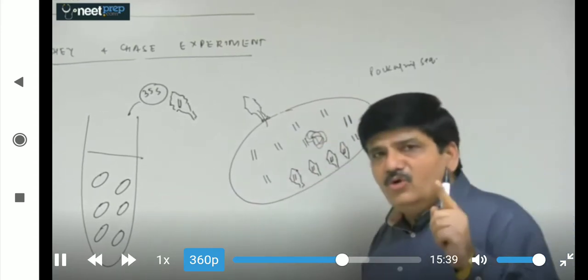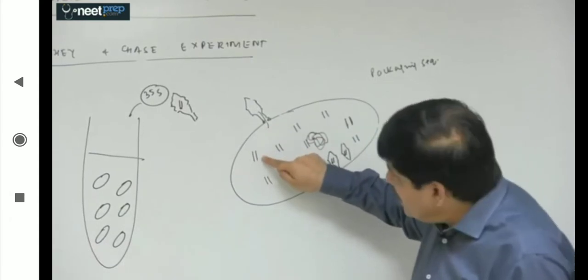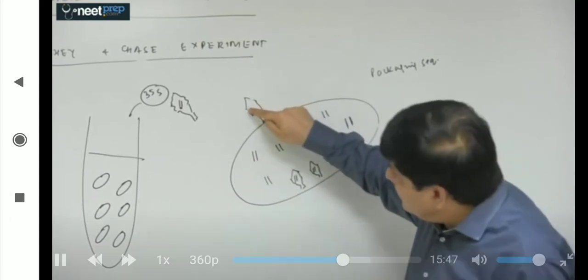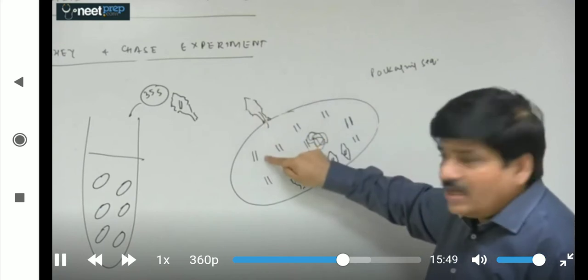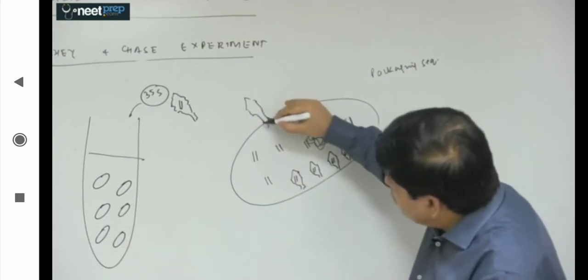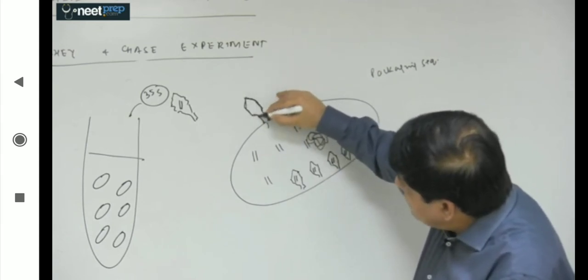One more point to note here is that once the infection has occurred, which means the phage has been able to transfer the double-stranded DNA into the bacterial cell, this capsid will become empty. Now it does not contain DNA. It will look empty. You can easily understand.